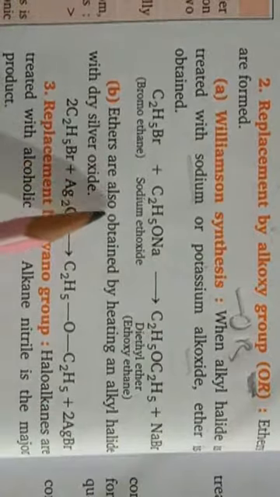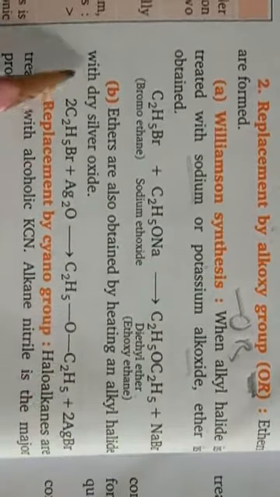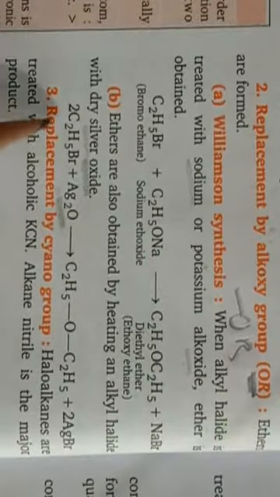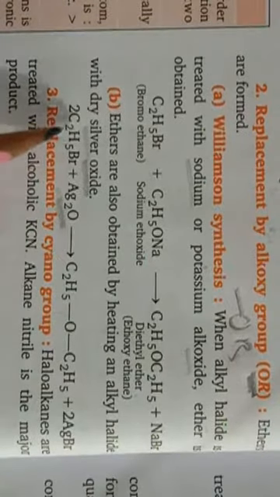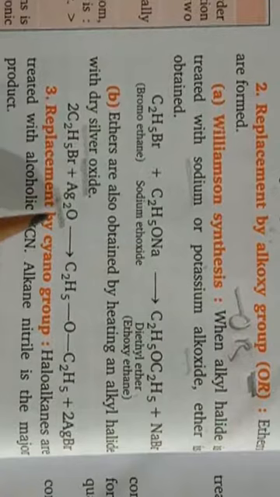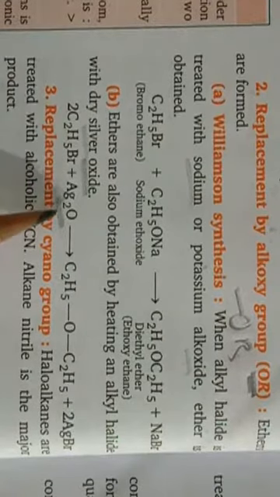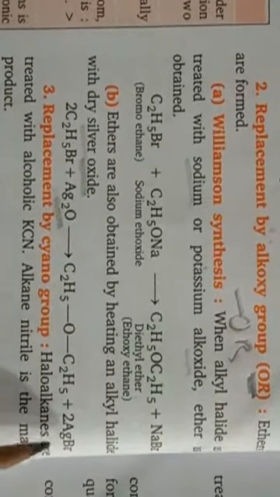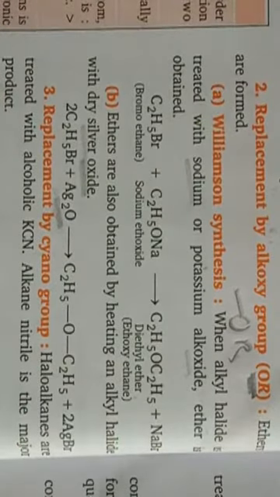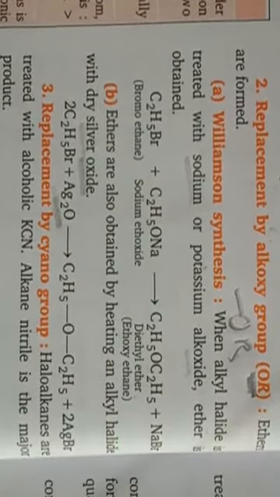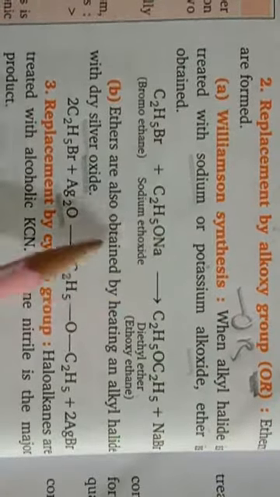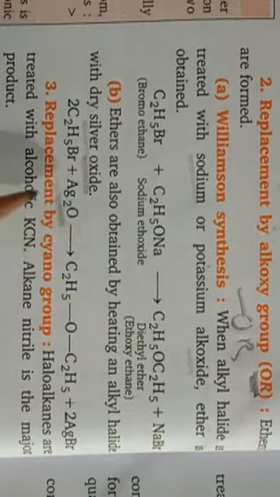Next, another formation reaction is also given. Ethers can also be obtained by heating an alkyl halide with dry silver oxide. Here we require 2 molecules of ethyl halide. When this reacts with silver oxide, diethyl ether will form with AgBr as a byproduct. Okay children, so what is the difference in these two reactions for the formation of ether?